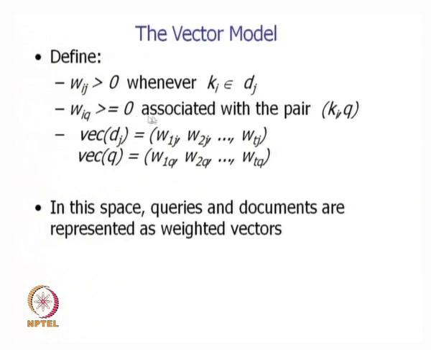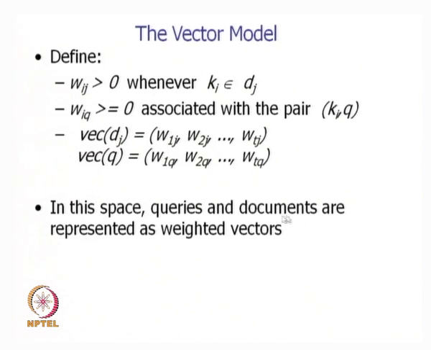Wiq is greater than or equal to 0, which is associated with the pair Ki and Q. Now, the vector representation of the document Dj is W1j, W2j up to Wtj. So, this is with respect to the keywords 1 to t for the document j, and similarly the vector of q is W1q, W2q up to Wtq, which is nothing but the weightages of the keywords in the query.